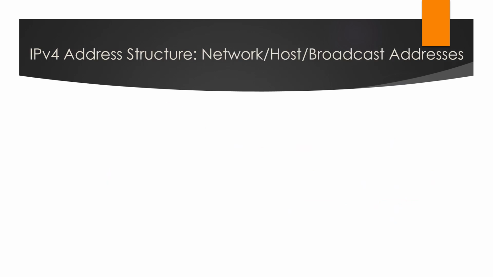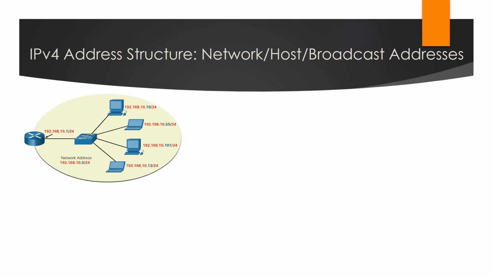To explain the three types of addresses, we will focus on this topology. We have the network address, which is an address that represents a specific network. A device belongs to this network if it meets three criteria. It has the same subnet mask as the network address, and as you can see here, they are all /24.